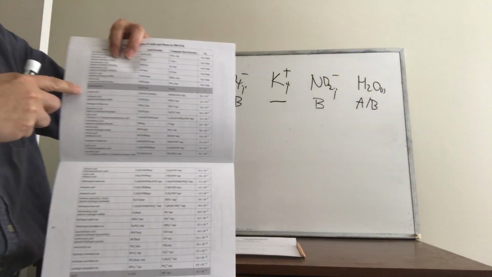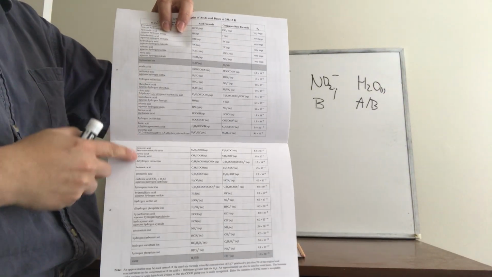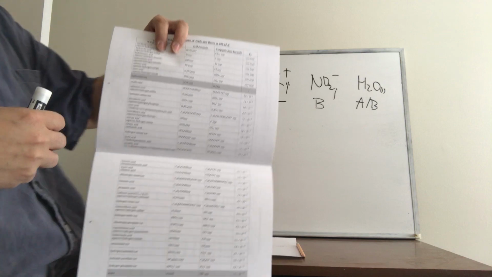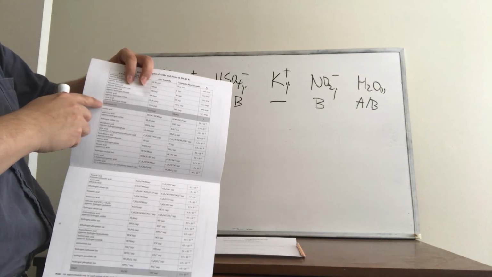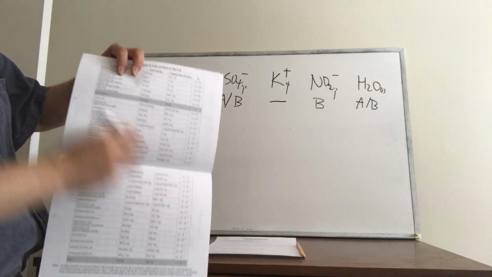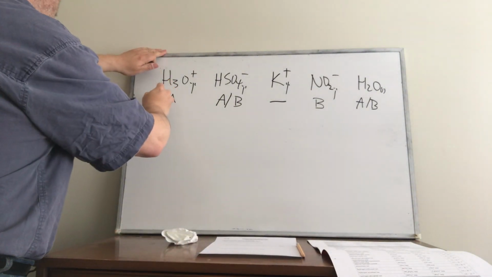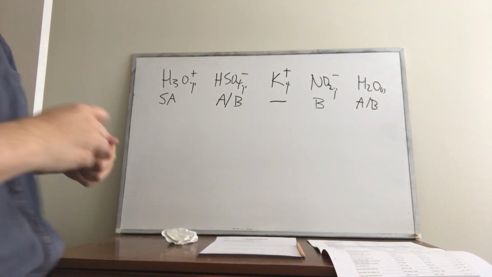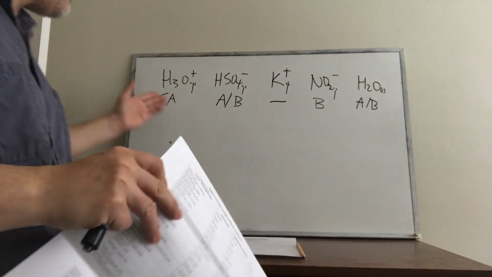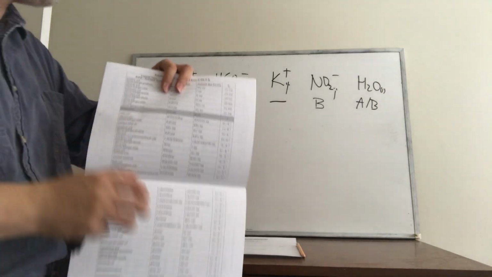So let's start with the acid first. What we do is take our chart and start at the top and work our way down, and whichever is the first acid we encounter, that's the strongest acid. So I start at the gray line and, oh wow, hey, hydronium, right there. So this is my strongest acid present, so I put an S. The other 2 acids won't react as acids because hydronium is present to be the strongest acid.